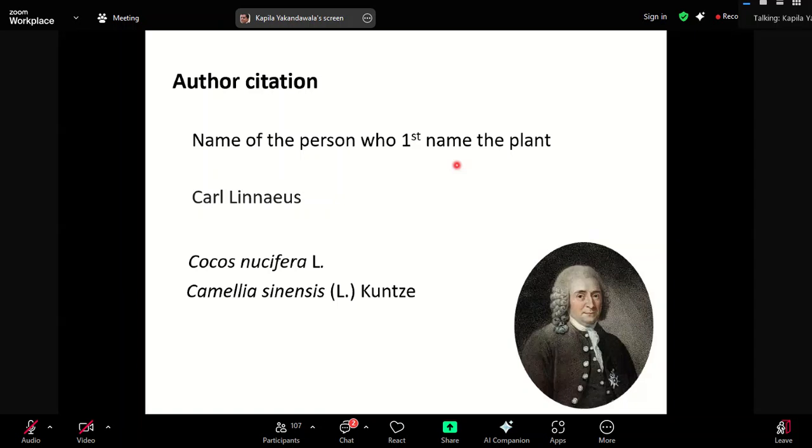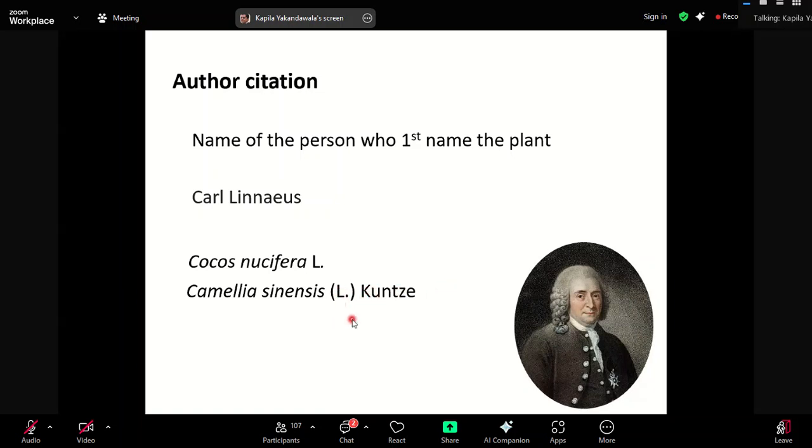All this information can be found very easily through the birth certificate. Just like that, in plants also, if you know the author citation, you can find all the details: the date of the first naming of this particular plant, then if somebody changed it, the date and where. All the details can be found. I'm not going to talk about the details, right?